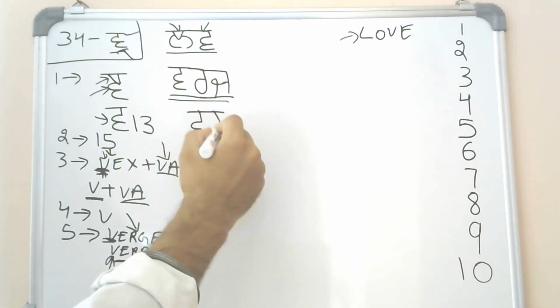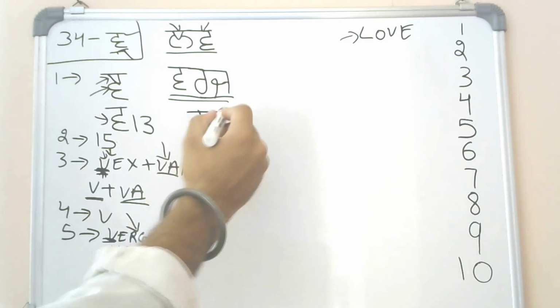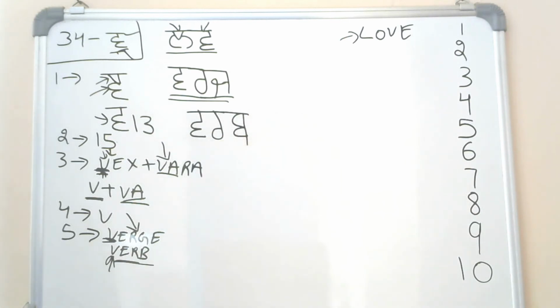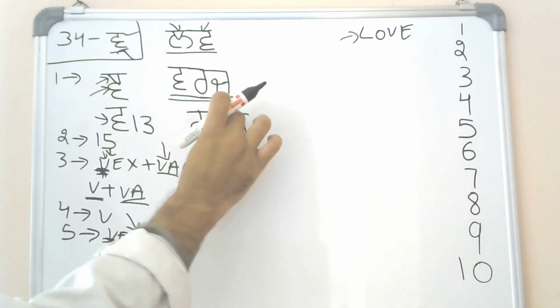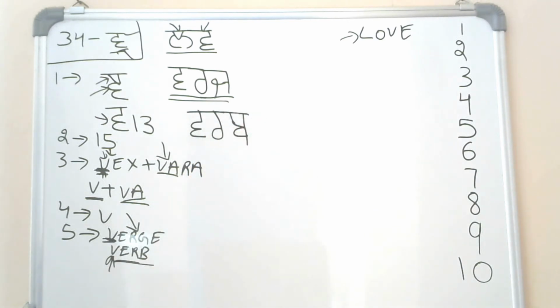Ver, r. And then I need to have the sound b. That b sound we are going to get from 28th letter of Gurmukhi, babba. Simple. Oops, let me write it in this way. Yeah. So this is verb.